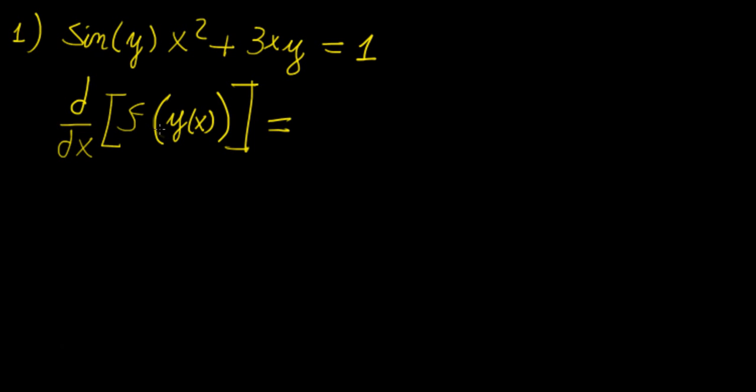We have some function whose argument is y as a function of x itself, like in this case. In this case, f would be sine, and we have y inside as the argument. So the chain rule tells us that we can easily differentiate this by first taking the derivative of the outside with respect to y, and then taking the derivative of y with respect to x.